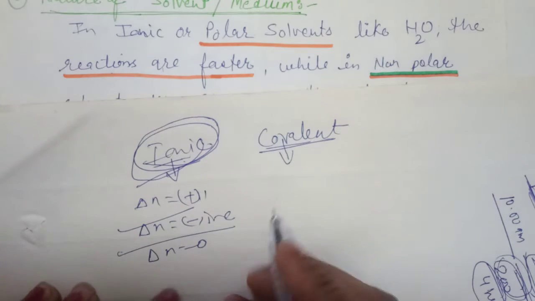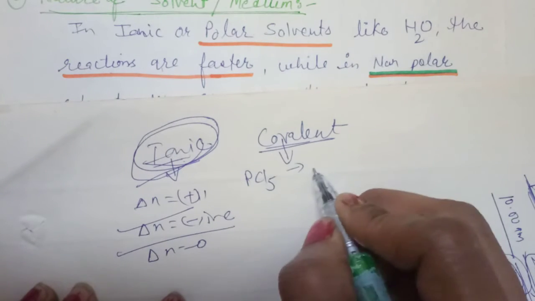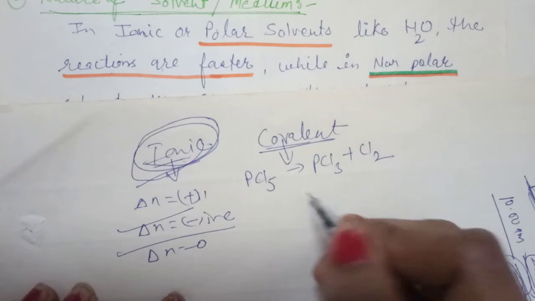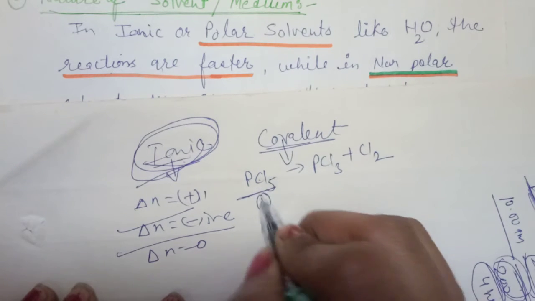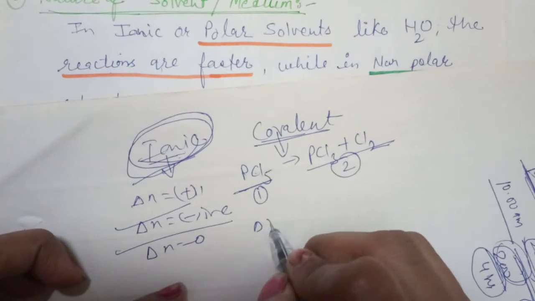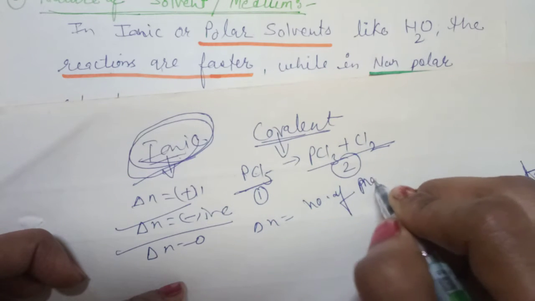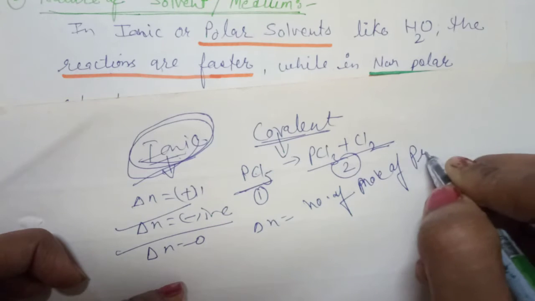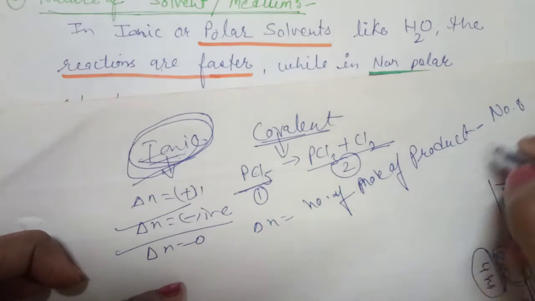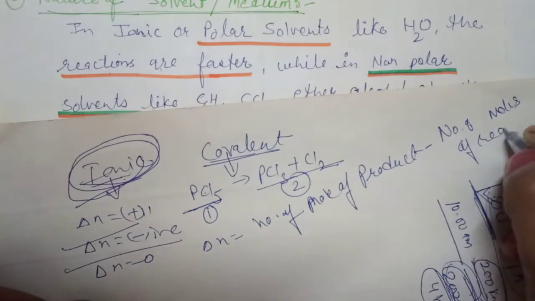What does this mean? Positive means, as we discussed, the decomposition of PCl5 into PCl3 and Cl2. There the number of moles is 1 on one side and 2 on the other. So delta n is equal to the number of moles of products minus the number of moles of reactants.